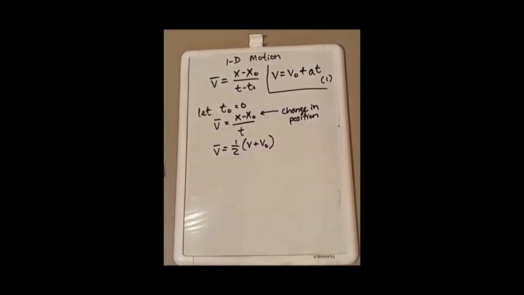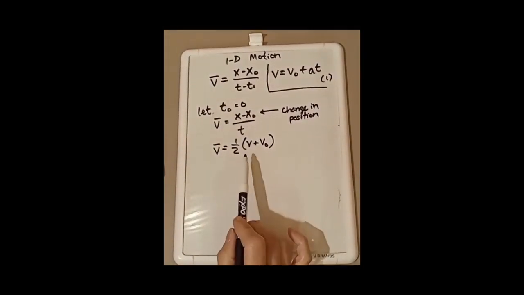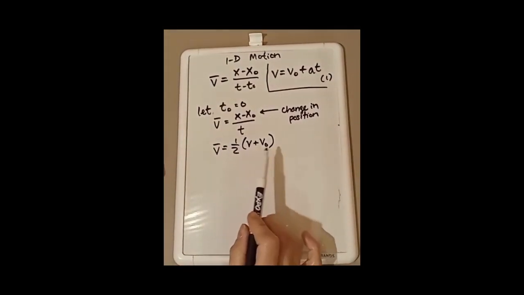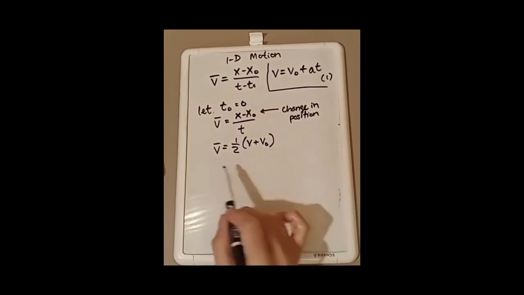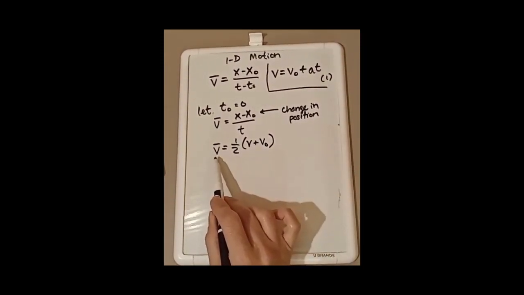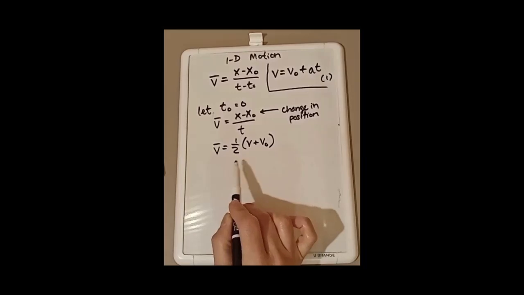So just like a regular average where you take your two velocities, final plus initial, and divide by 2, your standard average. So we have this way to write average velocity, 1/2 (v plus v naught).